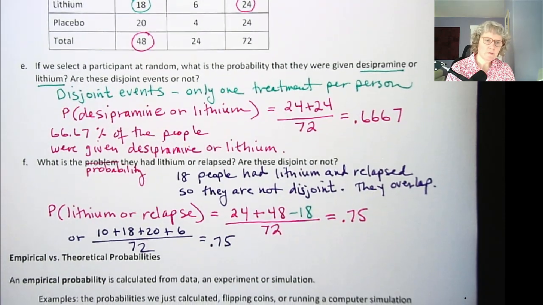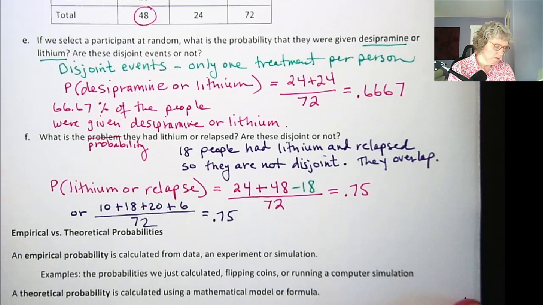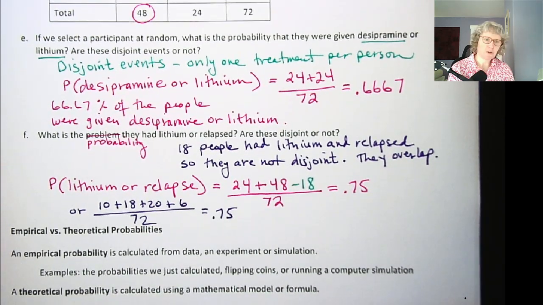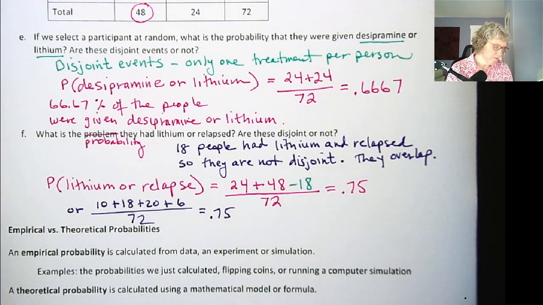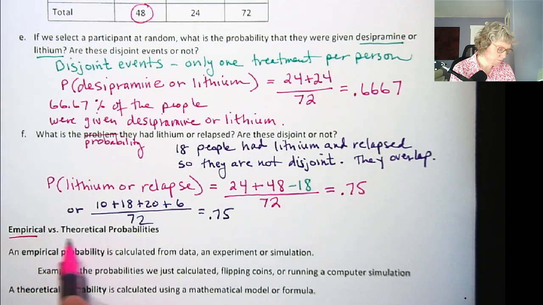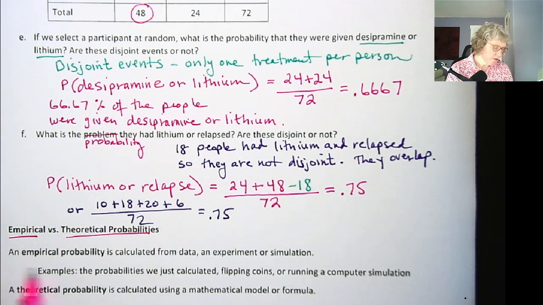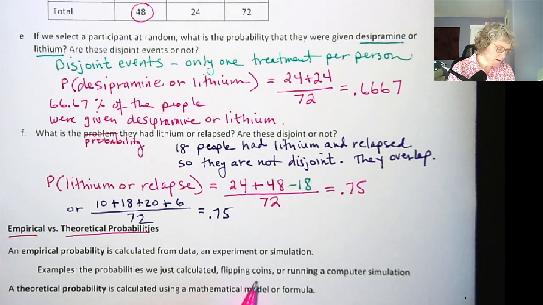Okay, one more note before we end this video. You may have noticed the word empirical in the title of the video. Empirical versus theoretical probabilities. An empirical probability is calculated from data, an experiment, or a simulation. We've done some of these things, like flipping coins, running a computer simulation, or calculating something from data.